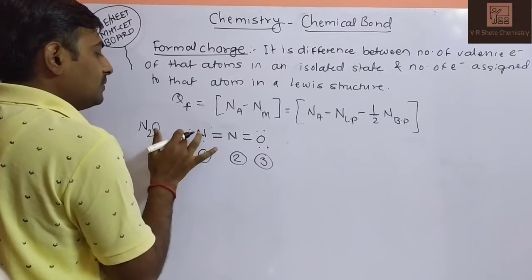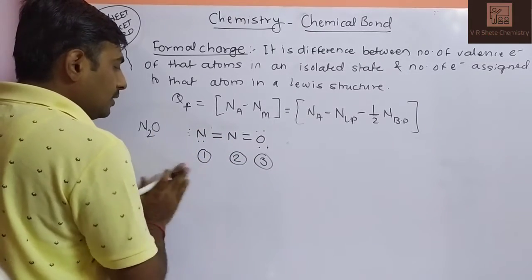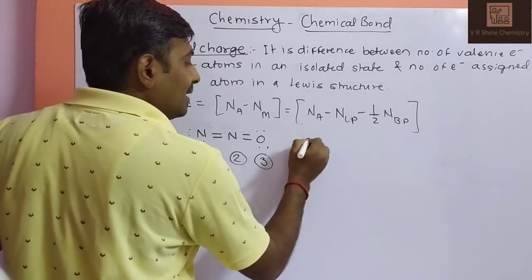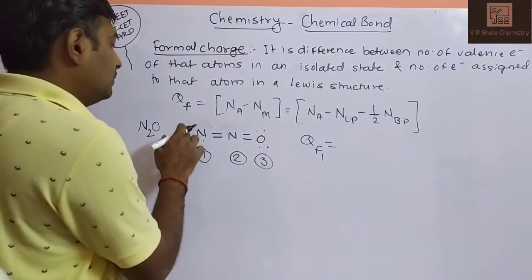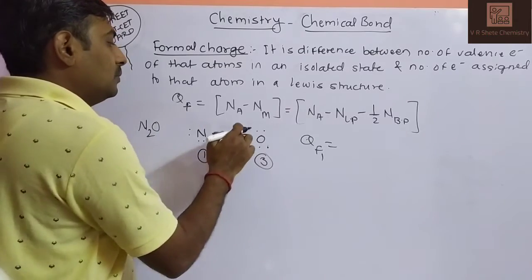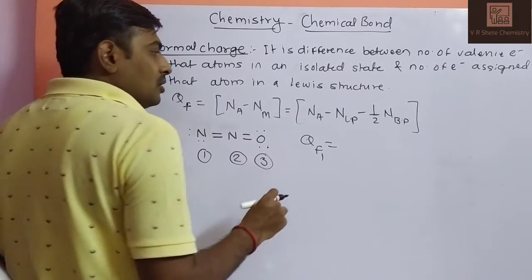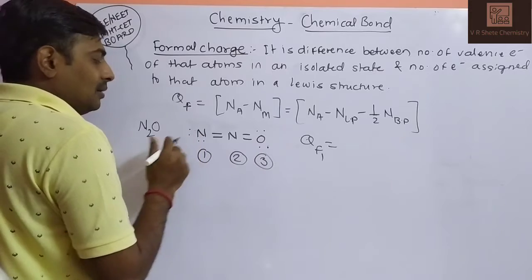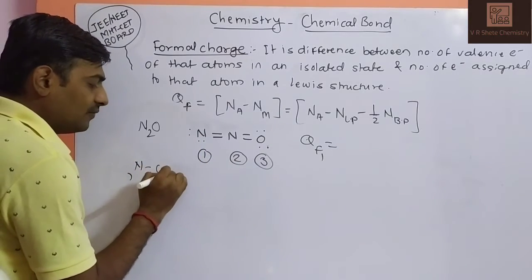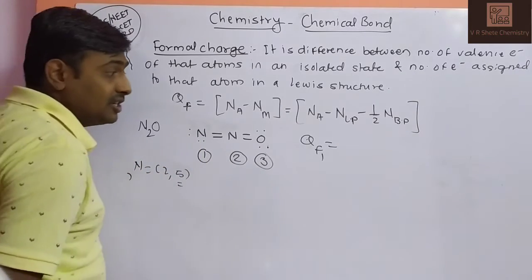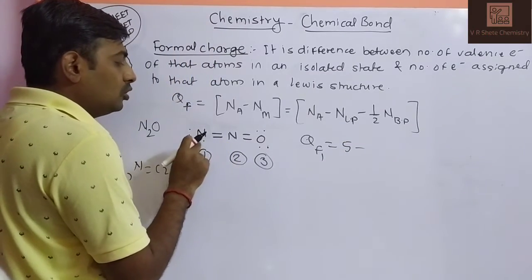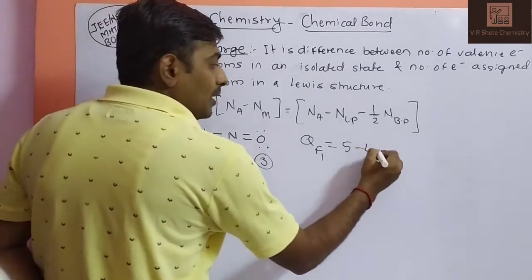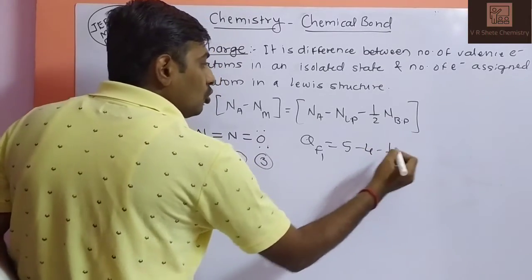Formal charge of each species, QF1. We know that there are 3 atoms. QF1 is for the first nitrogen atom. Nitrogen has atomic number 7, electron configuration 2, 5, so 5 electrons in the valence shell. So 5 minus lone pairs, 1 2 3 4, 4 lone pair electrons, minus 1/2 times the bond pair.